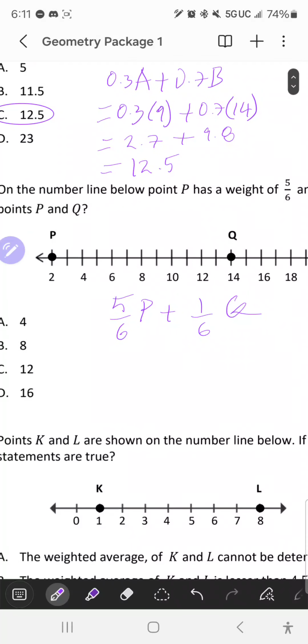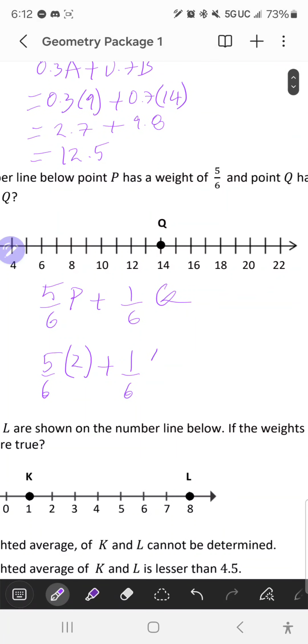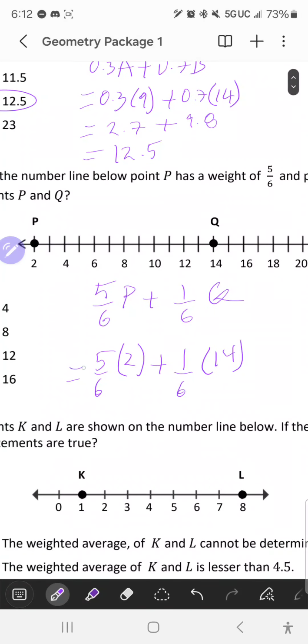And then we substitute our values, and we have 5 over 6 times 2 plus 1 over 6 times 14.